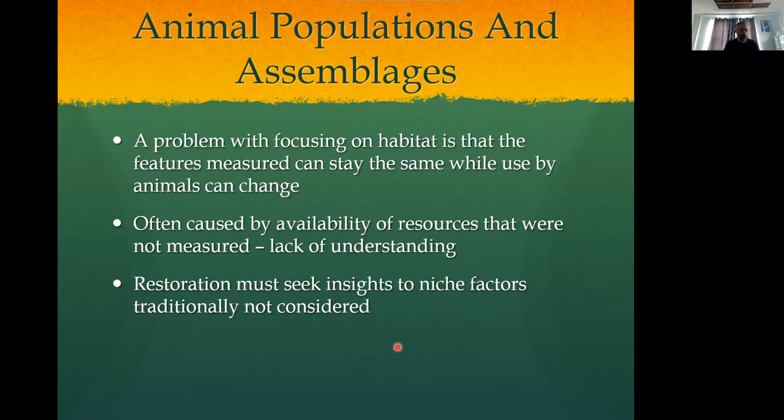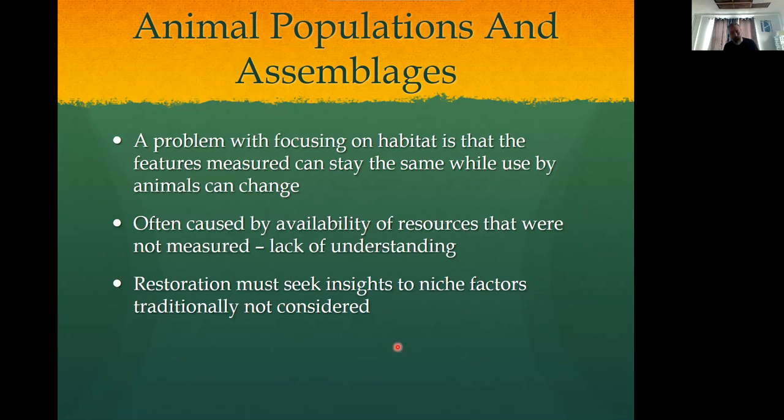There might be a resource that we don't recognize or don't think is important. Within that meadow, although it appears to be identical year in and year out, something important is changing that we're not measuring or not seeing. And those things that we're missing are what's underlying use and changes to use within that habitat.